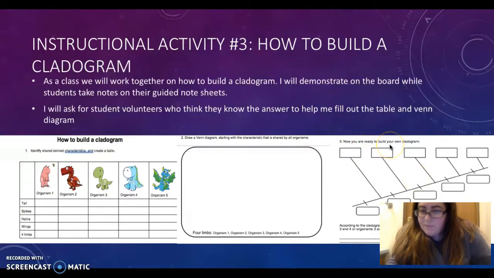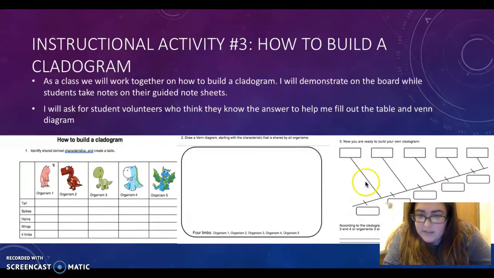And then you would begin to build the cladogram by putting the one organism up here that has all of the characteristics, and the organism down here that only has one characteristic. So this would build up like it showed in the video.